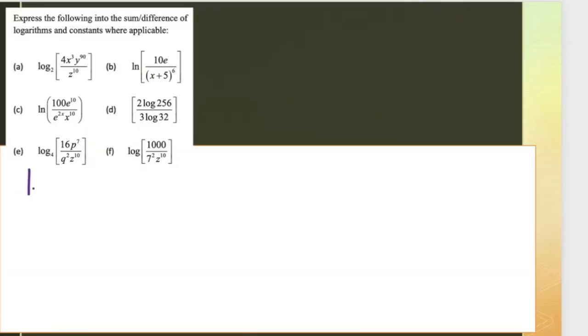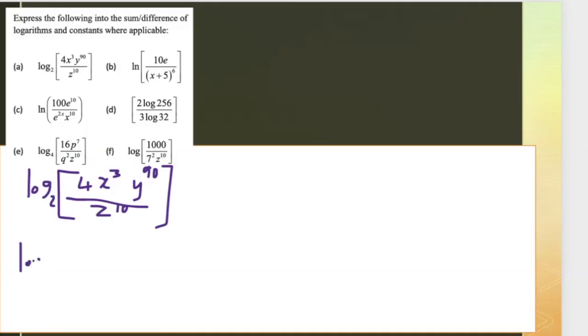So the first one we have is log base 2 of 4x cubed y to the 90 over z to the 10. So first we're going to expand it.